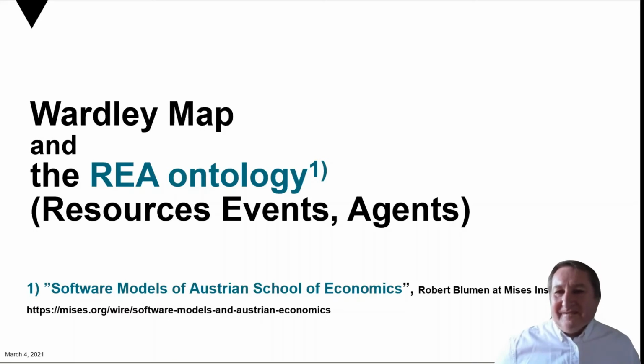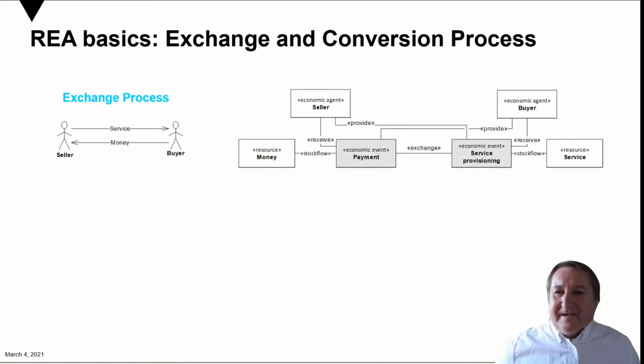So why REA? That's because REA is a formal bridge between practically all known models of value chain processes and methods. And Robert Buhlmann, in his blog at the Ludwig von Mises Institute, calls REA software models of Austrian School of Economics. So the REA describes software models for two fundamental economic processes.